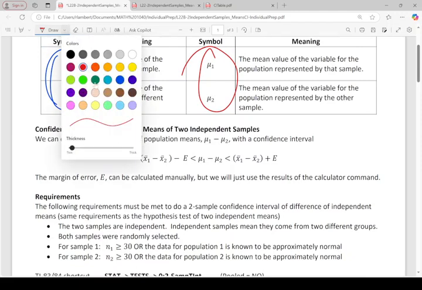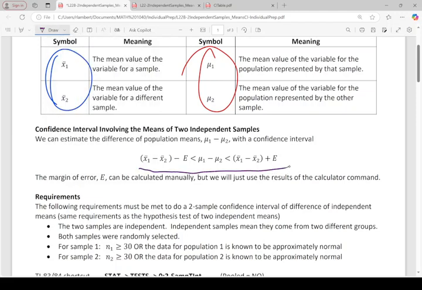The structure of the confidence interval is going to look like this. It's kind of a lot. The calculator is going to do all the math for us here. We're going to get a lower bound, which is the difference x bar 1 minus x bar 2 minus the margin of error, and we're going to get an upper bound, which is the difference x bar 1 minus x bar 2 plus the margin of error, and it gives us a likely range for this actual difference of means.